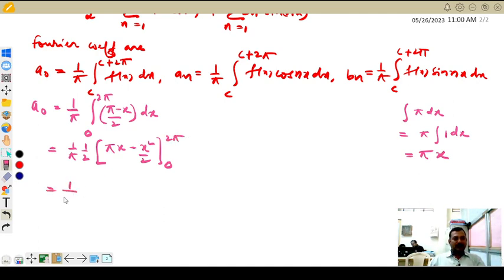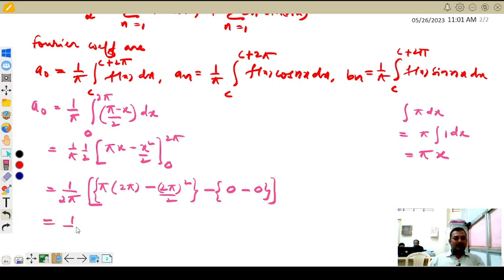So this is 1 by 2 pi. Substitute upper limit minus lower limit. Pi into x value is 2 pi, minus (2 pi) whole square divided by 2. So upper limit is over, minus lower limit is pi into 0 is 0 and 0 by 2 is 0.